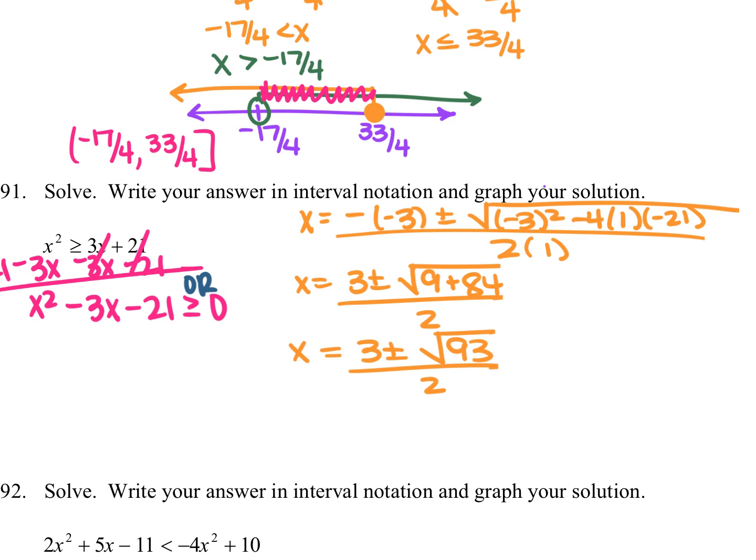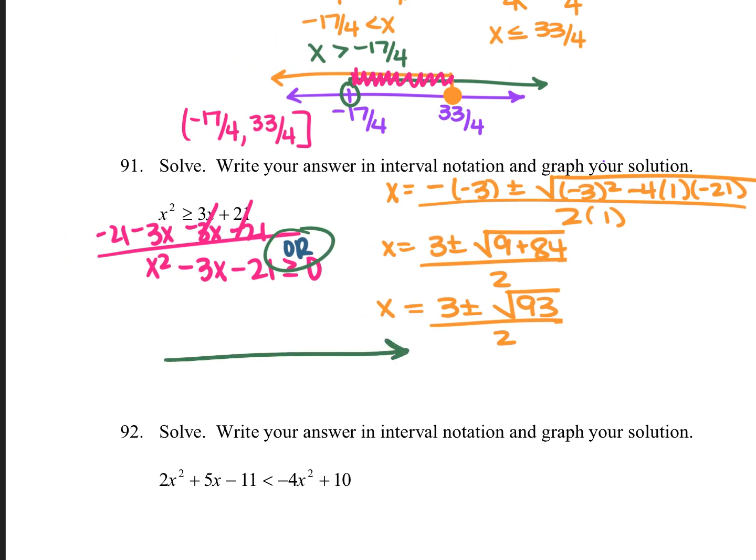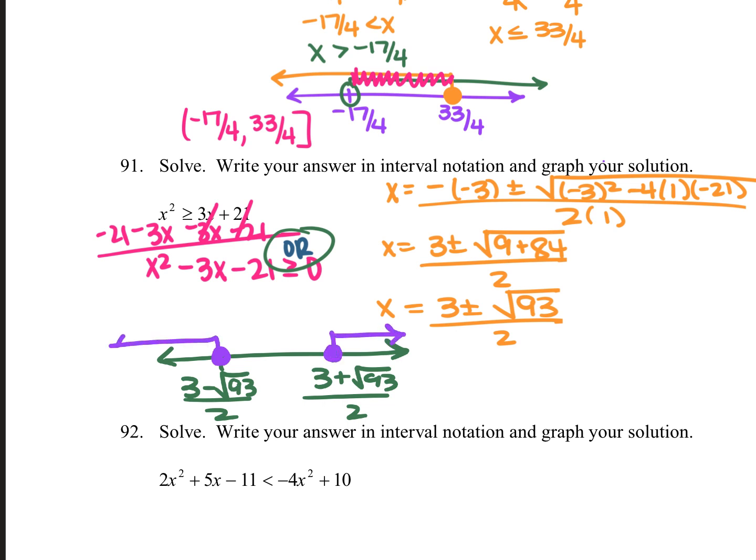Again, we said it was an or statement, so when we go to draw our number line, your 3 minus the square root of 93 over 2 is going to go on the left side. Your 3 plus the square root of 93 over 2 goes on the right side. It is equal to, so you're going to have closed circles on both, and we said from the beginning it's an or, so your lines are going to go away from one another.